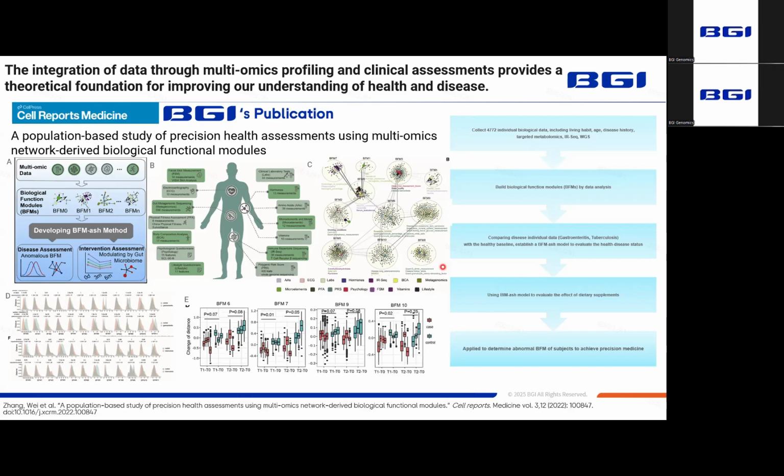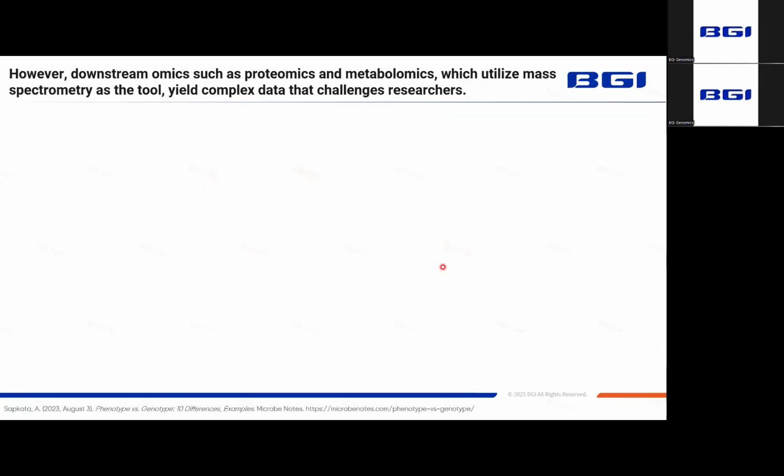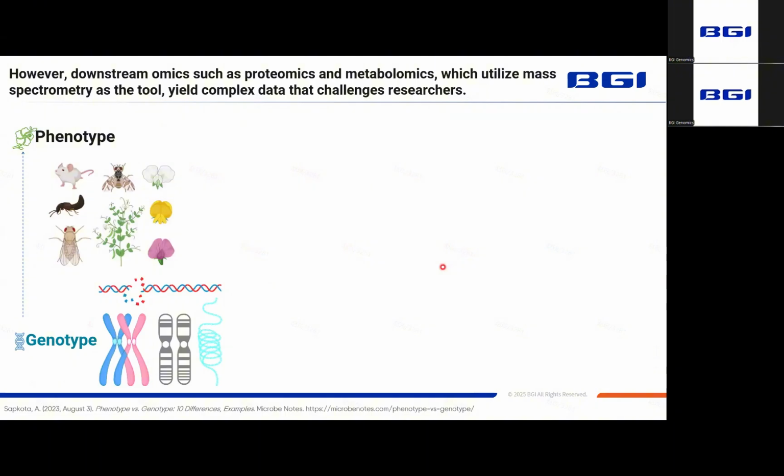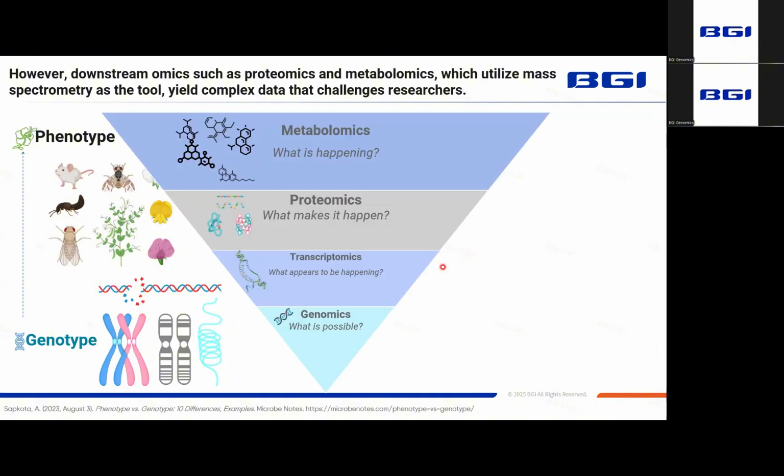disease. But while genomics and transcriptomics are now routine, downstream omics like proteomics and metabolomics remain more challenging. Why? Because they rely heavily on mass spectrometry, producing large, complex datasets that require sophisticated interpretation.